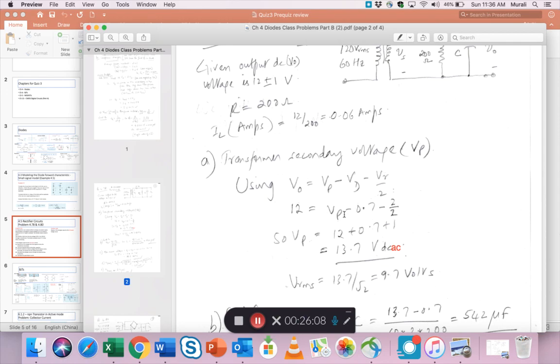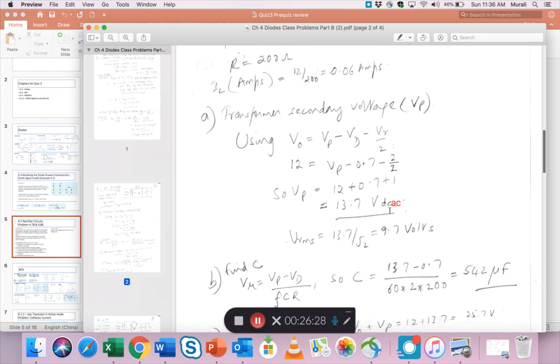Now these formulas are different for different rectifiers. So make sure if there's a problem in the exam, you pick the right formulas. Some of them can be different for different rectifiers. The ripple may be different, the output may be different.